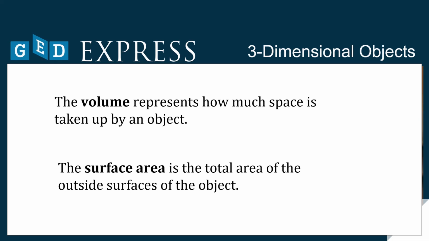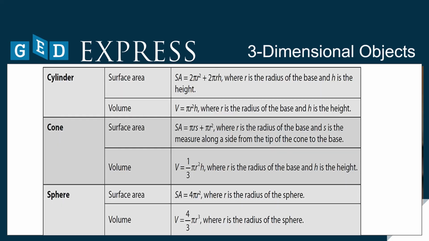On the GED test, you will be given all of the formulas you need to find surface area or volume. I will be showing you the formulas for surface area and volume of the common three-dimensional objects. First is the cylinder.